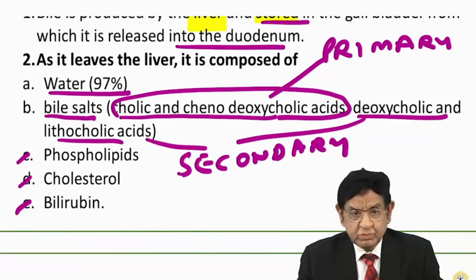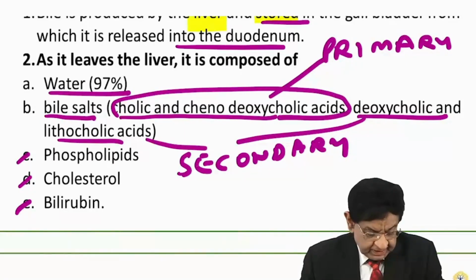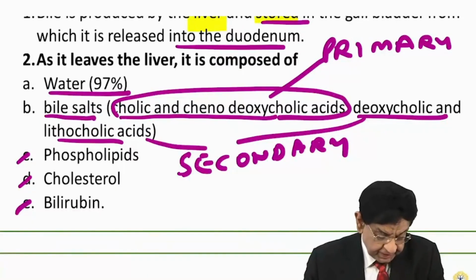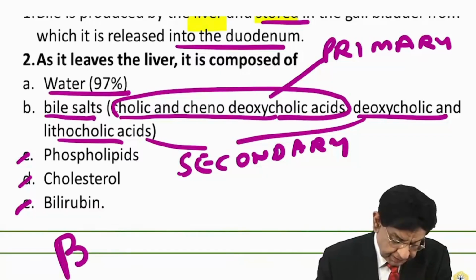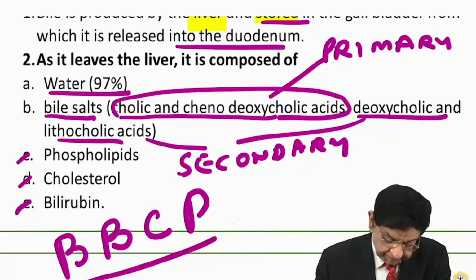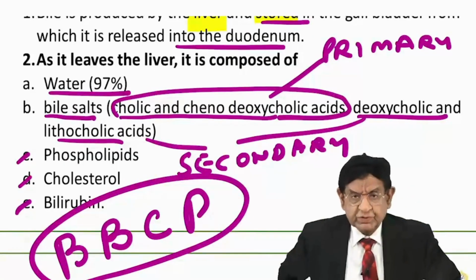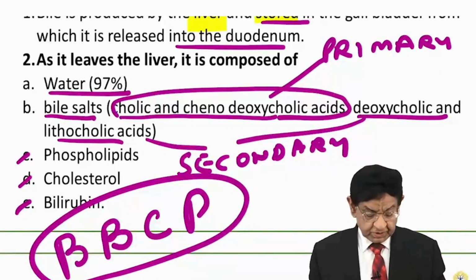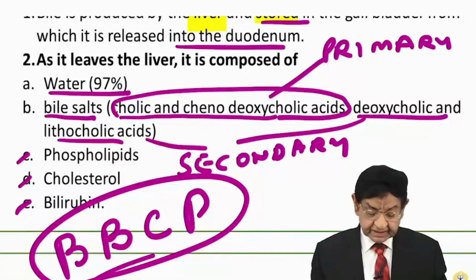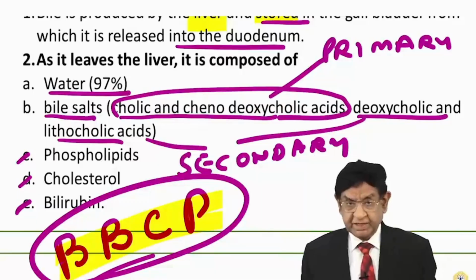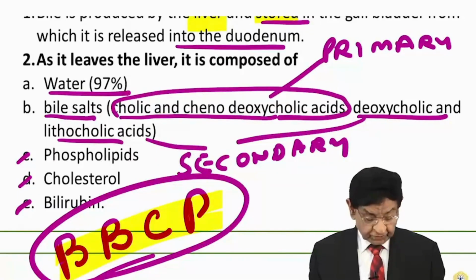So primarily it is water, but after that bile salt, phospholipid, cholesterol, and bilirubin. These four things constitute only about 3%. So the carry home message, the keyword to remember, is BB, CP: bile salt, bilirubin, cholesterol, and phospholipids. Right?